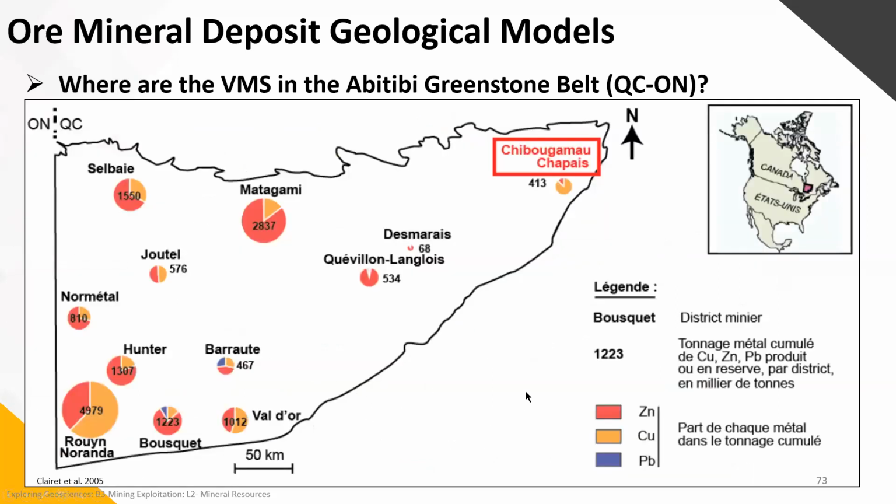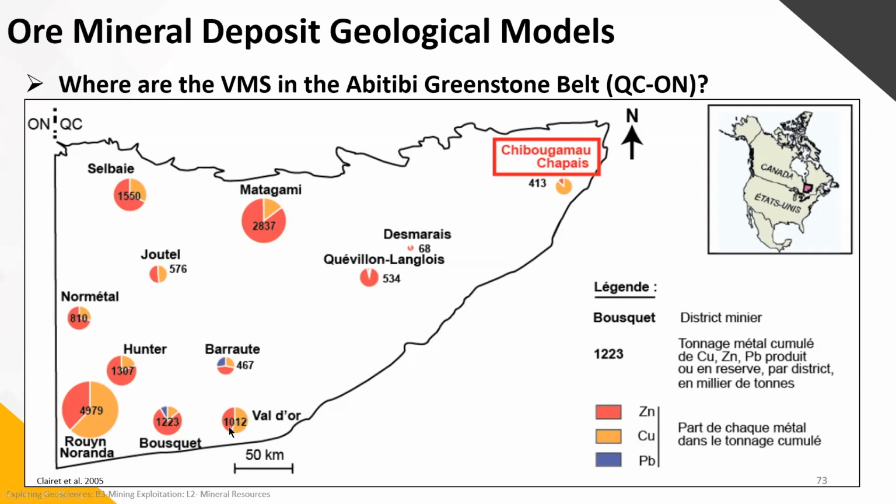This is interesting too because it will show, within each area of our VMS within the Abitibi Greenstone Belt, the concentration of zinc, copper, and lead. So we can see that in the Rouyn-Noranda area, which is known as the copper capital, our VMS are richer in copper. Richer in copper meaning they are closer to their source.